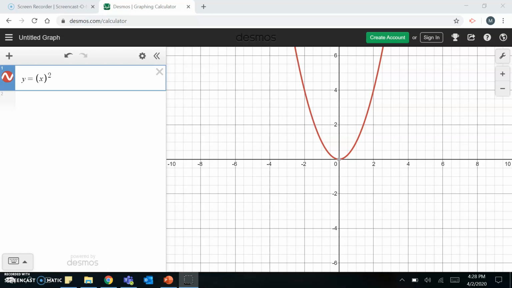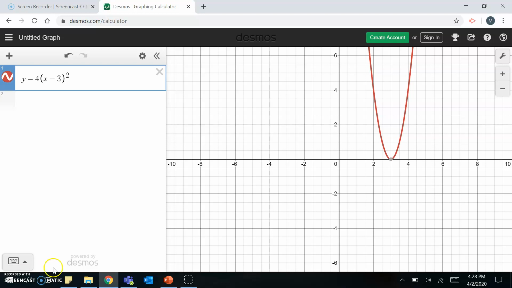Now if I add on all the parts of the equation, I'm going to see how it changes. So the 4 up front actually made it skinnier. When I do minus 3, notice that the graph moved over to the right 3. So you would think minus 3 goes to the negative side, but remember we change h, so it goes over to positive 3.